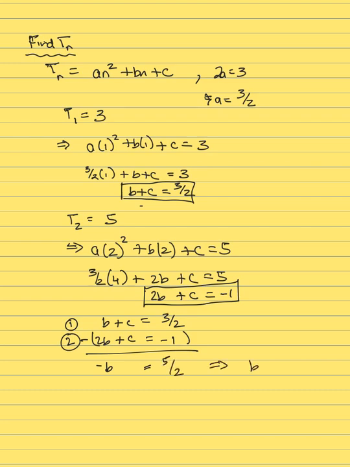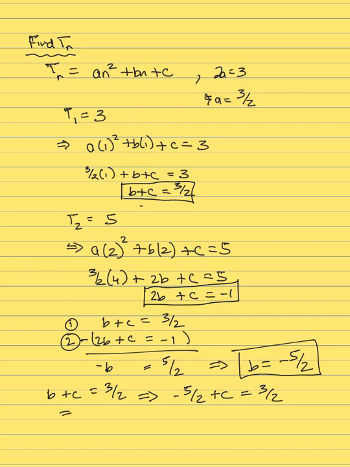So this means that b is equal to minus 5 over 2. And we just substitute that back in, of course, to b plus c is equal to 3 over 2. In other words, minus 5 over 2 plus c is equal to 3 over 2, which gives us c is equal to 3 over 2 plus 5 over 2, which is 8 over 2, which is 4.